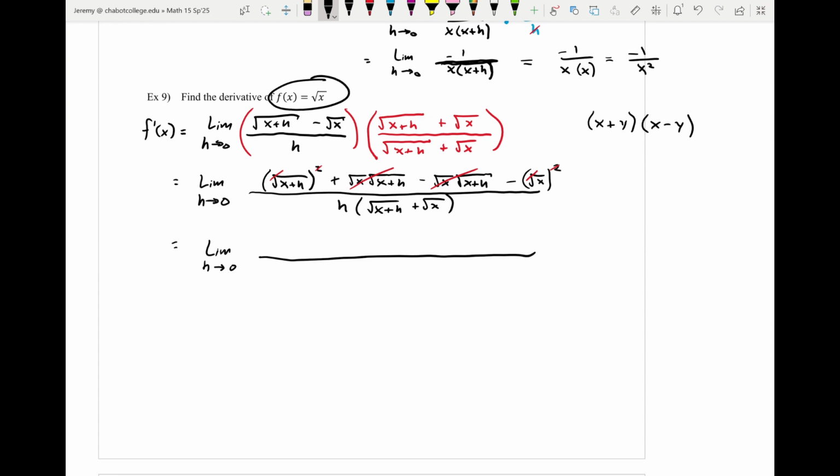But that's not a problem because remember, our original function was the square root of x. So it might be worth noting x is going to be greater than or equal to 0. Okay, so here I'm just left with x plus h, and then minus x. That's all we're left with after all that dust settles. All right, and then we have a positive x and a negative x, and I'll just be left with positive h in the numerator. I am really happy to see that.